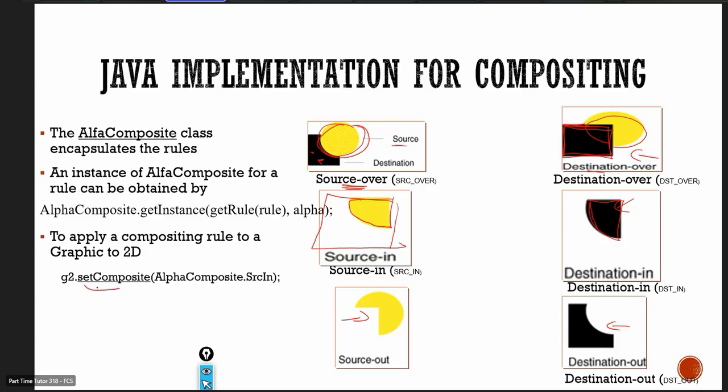You can use g2.setComposite, and then you can use AlphaComposite.SRC_IN. This will give us the situation of source in. If you need source over, you just make it source over. So g2.setComposite with AlphaComposite source over, or AlphaComposite destination in, or AlphaComposite destination over, etc.